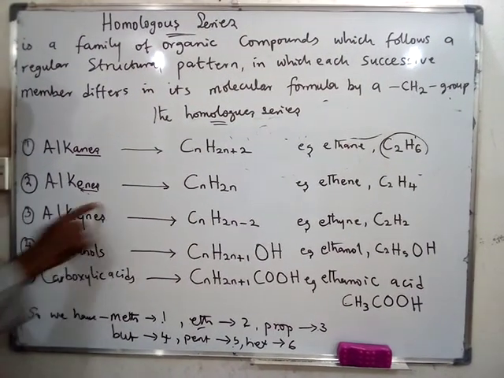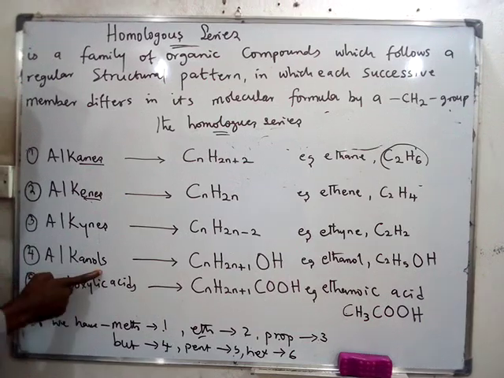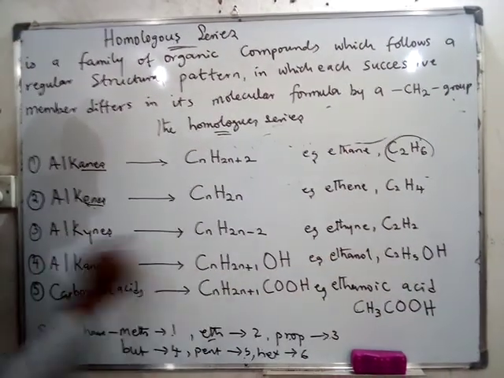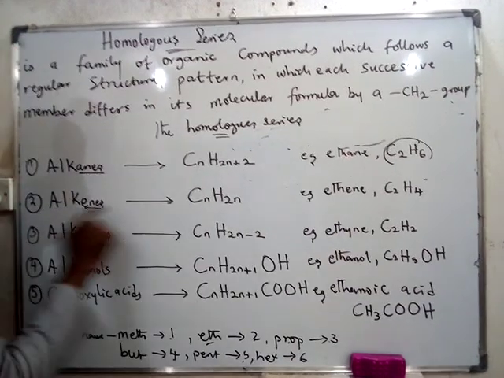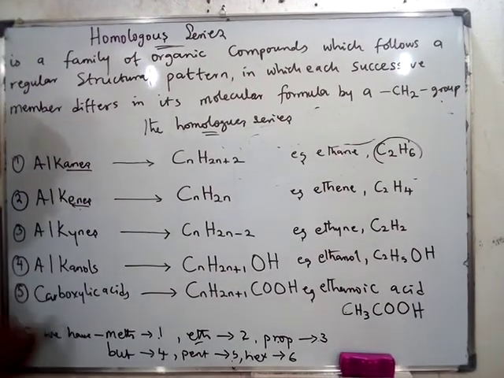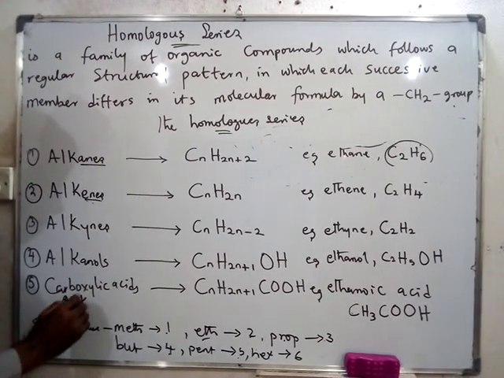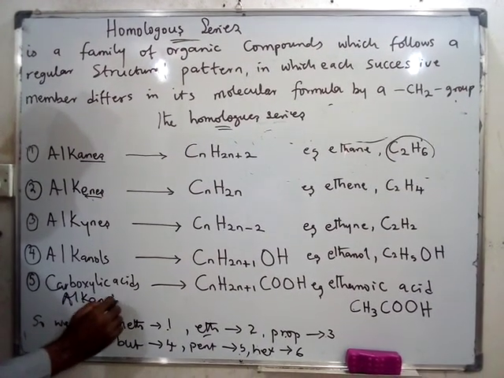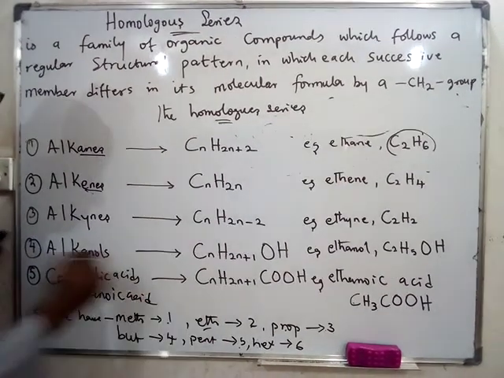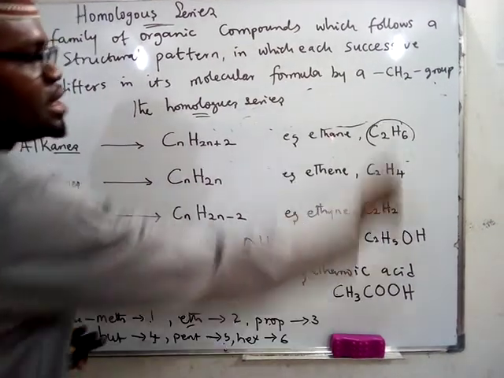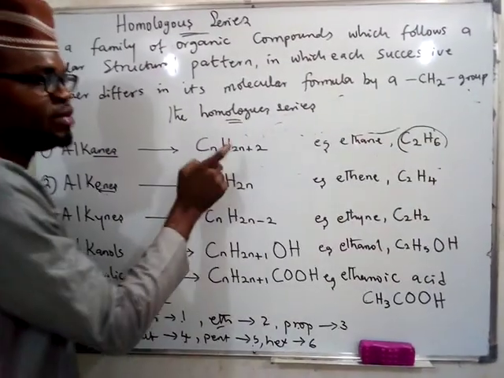You have alkanes, alkenes, alkynes, alkanols. Example of alkanol is ethanol. Example of alkyne is ethyne. Example of alkene is ethene. Example of carboxylic or alkanoic acid: you can call it either carboxylic acid or alkanoic acid. Example of alkanoic acid is ethanoic acid. And these are their formulas.